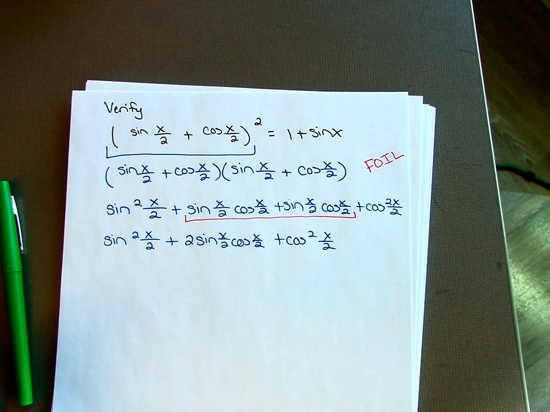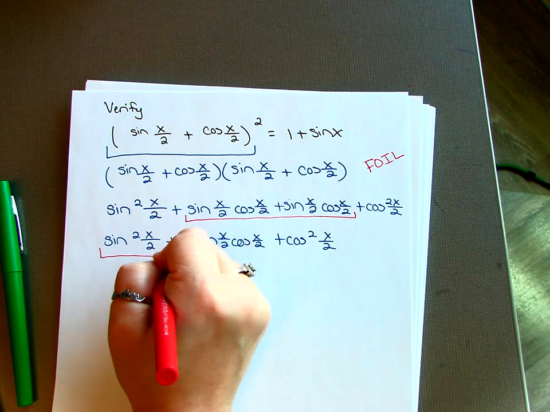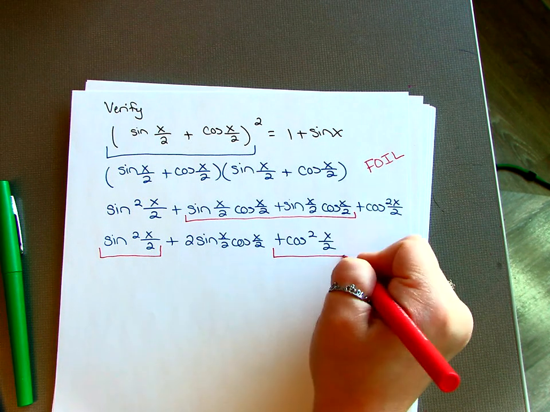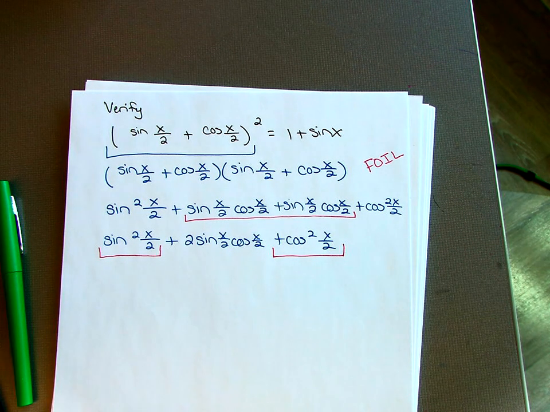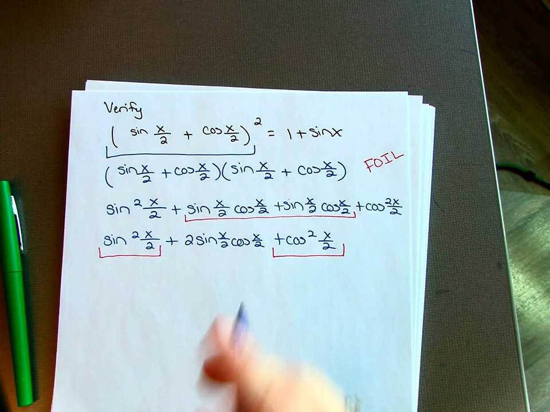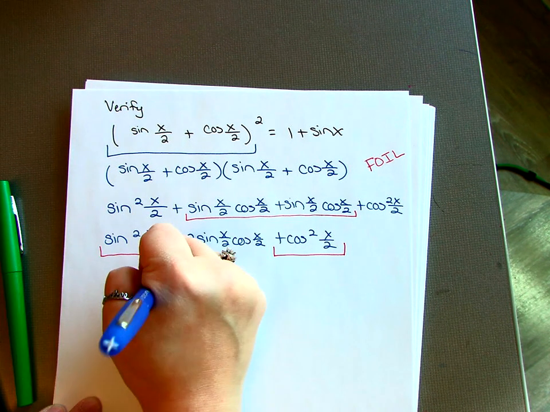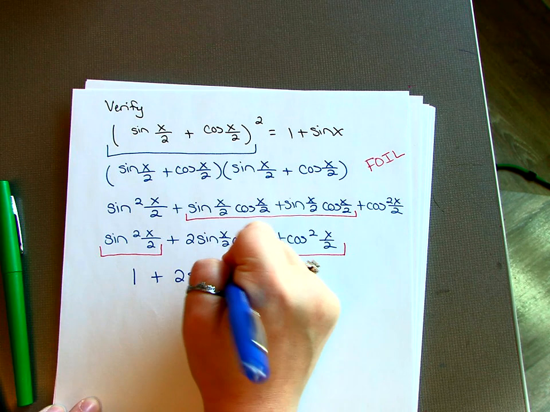Now, what do we know about sine squared, cosine squared? If I'm looking at sine squared plus cosine squared, it does equal 1. So all of that equals 1 plus 2 sine x over 2 cosine x over 2.